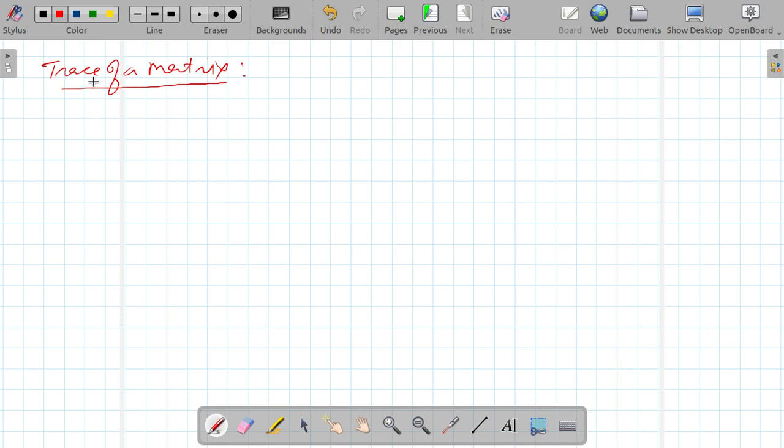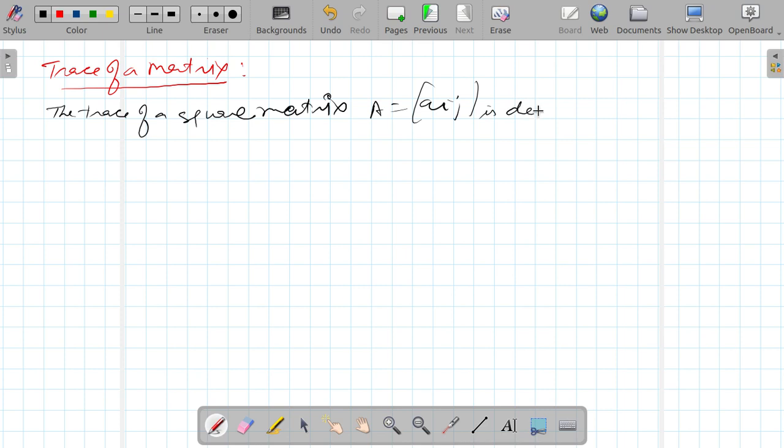The trace of a square matrix A, equal to Aij, is defined as the sum of its diagonal elements.